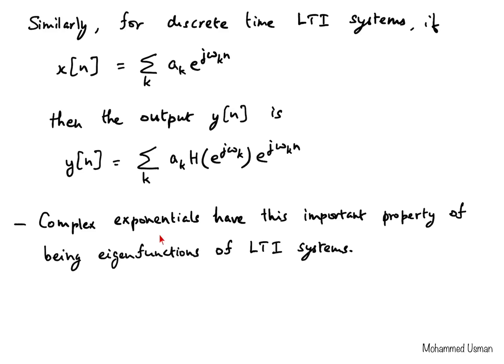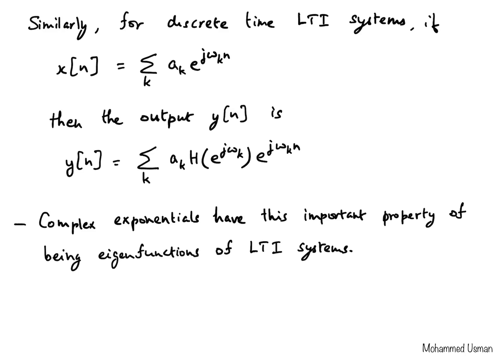So complex exponentials have this important property of being eigenfunctions of LTI systems. That means when a complex exponential is applied as an input signal to an LTI system, the output is also a complex exponential, except for a change in its amplitude, or a scaling factor, the output is the same as the input signal.